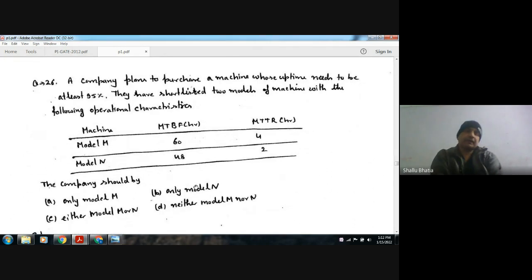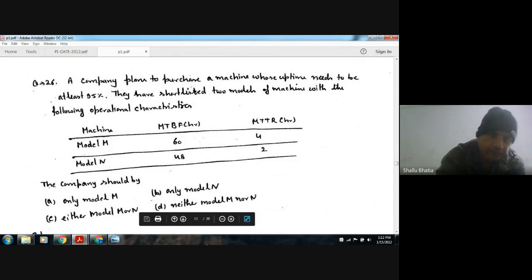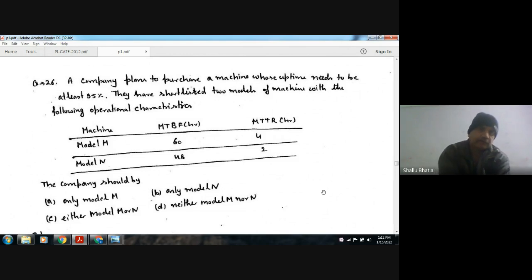So, next, a company plans to purchase a machine whose uptime needs to be at least 95%. They have shortlisted two models of machine with the following characteristics.